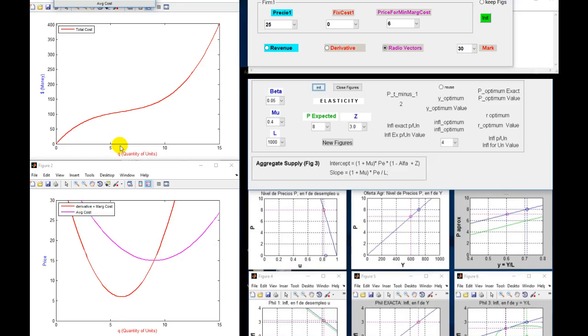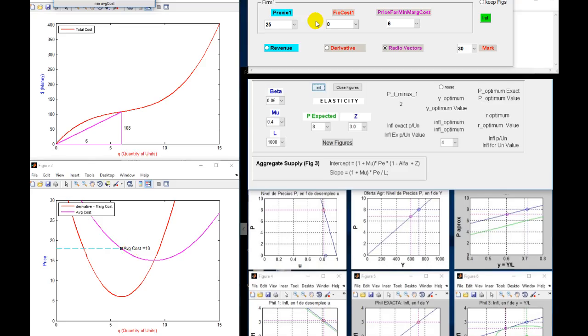So in order to calculate the average cost at 6, when Q is 6, what we do is calculate the tangent of this angle, because we have to take the cost of producing 6 units, and then we divide the cost 108 by the quantity 6, and then we get 18. So the average cost when we produce 6 units is 18.